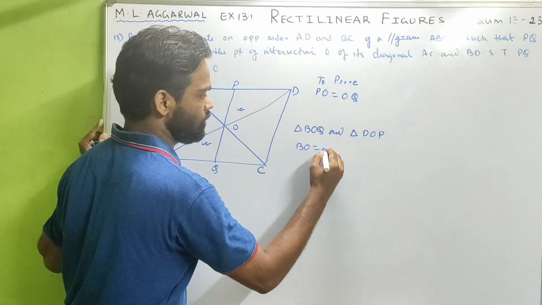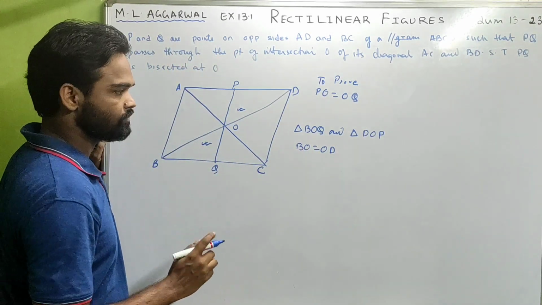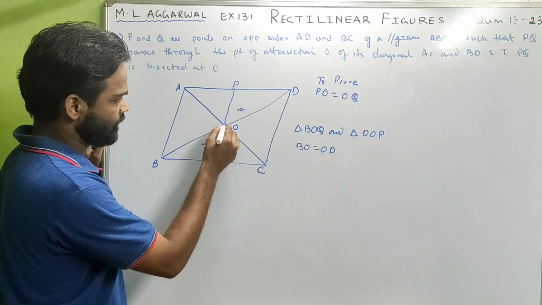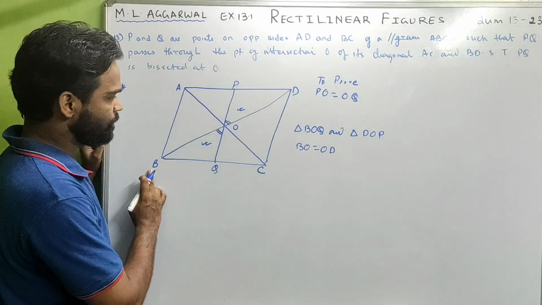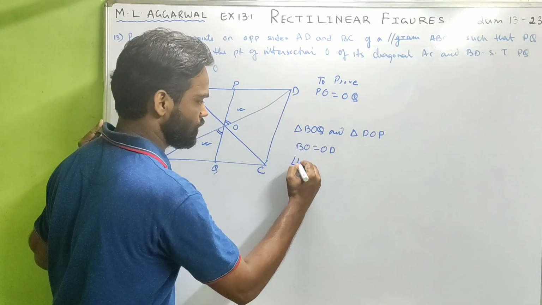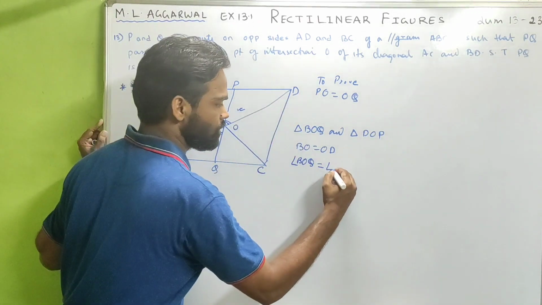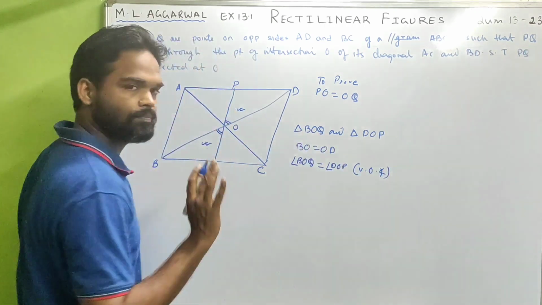We know in a parallelogram the diagonal bisect each other. Then this angle and this angle are equal, vertically opposite angle, which means angle BOQ is equal to DOP. Why? Vertically opposite angle.